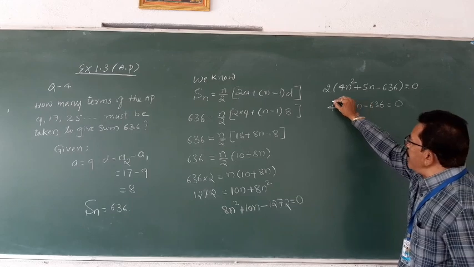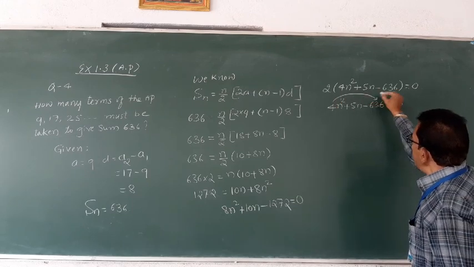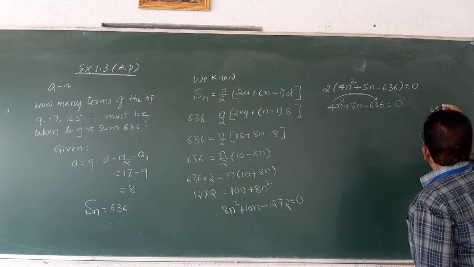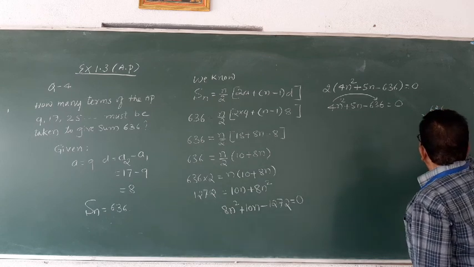Here n square has a coefficient, so we have to multiply this term 636 into 4.